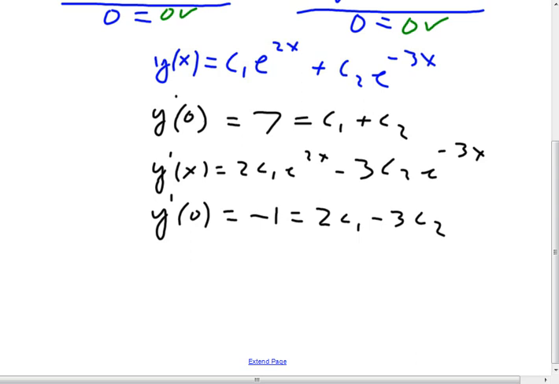So I've got two equations, two unknowns. I have c1 plus c2 is equal to 7. I have 2c1 minus 3c2 equal to minus 1. And how are we going to write it down? c1, c2.